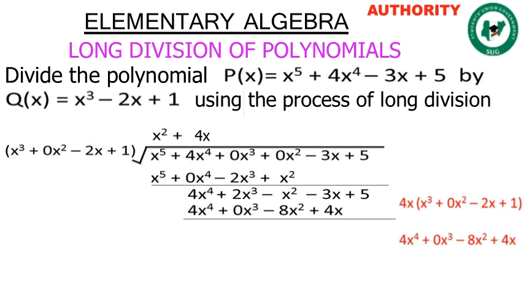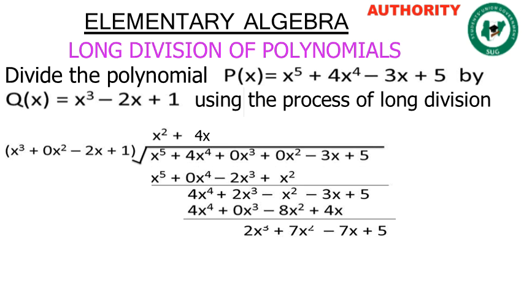Then 2x cubed minus 0x cubed gives us 2x cubed. Now minus x squared minus 8x squared gives us minus x squared plus 8x squared, which is plus 7x squared. Then minus 3x minus 4x gives us minus 7x.